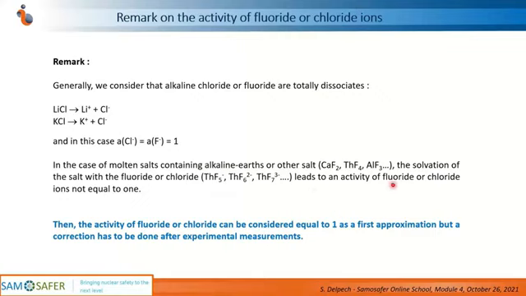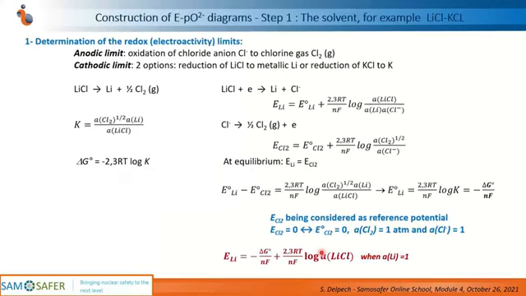That leads to an activity of fluoride or chloride which is not equal to 1. In this case, we are going to do a very approximate calculation of the potential acidity diagrams. So we will consider that these activities are equal to 1 as a first approximation, but a correction will be made afterwards, only from experimental measurements.